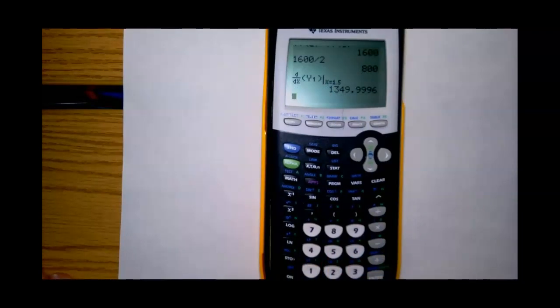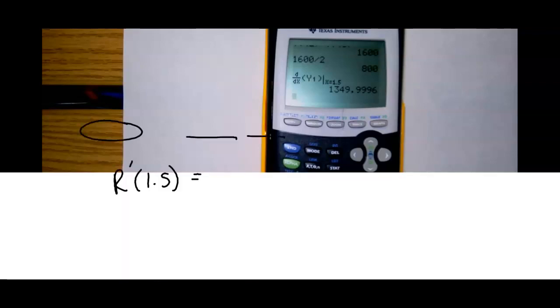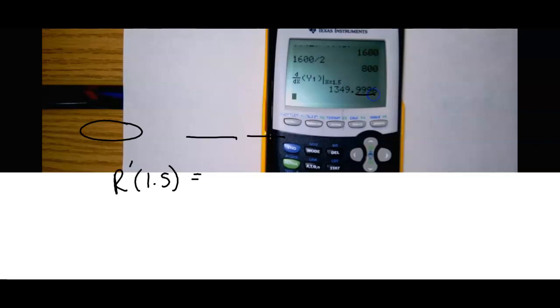And there it is. That is 1,349.999. Now usually in this class, we want to round to the thousands place. So if we did that, this 6 is going to bump that up, and we would just say it's 13,500.